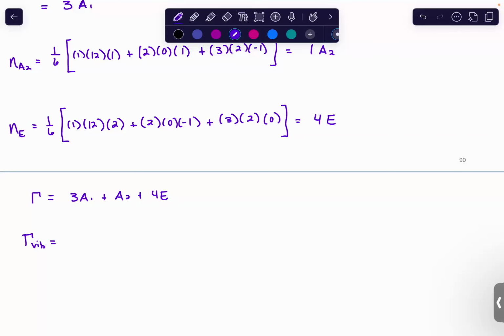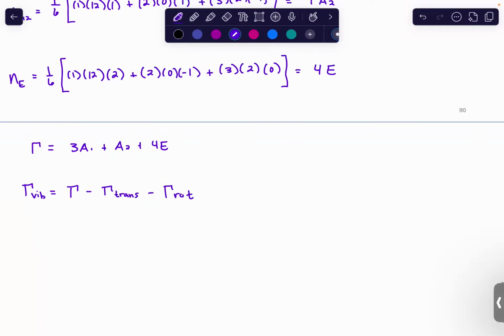So what we're going to do is take the gamma minus translational gamma minus rotational gamma. Okay, so that's going to be 3 A1 plus A2 plus 4E, the gamma we just calculated.